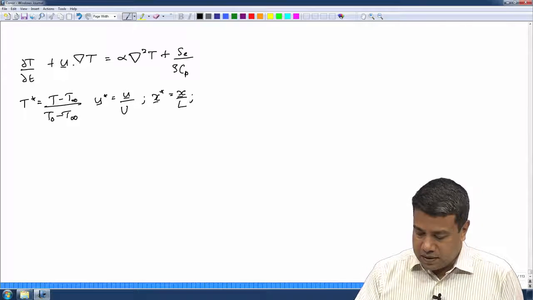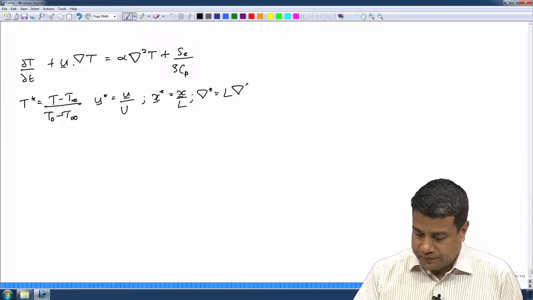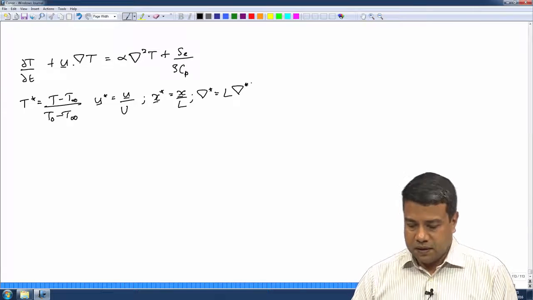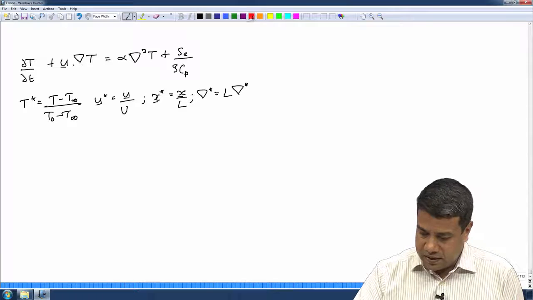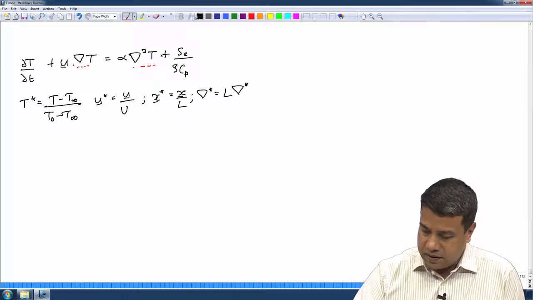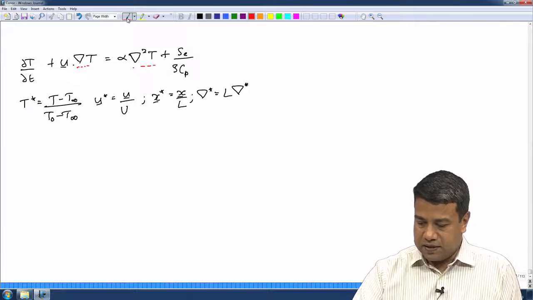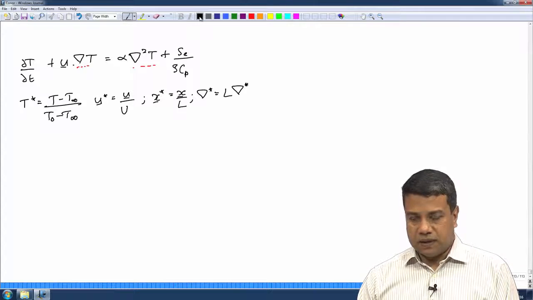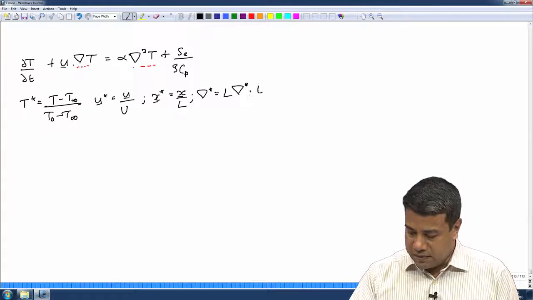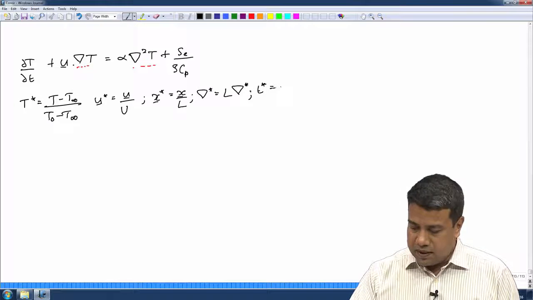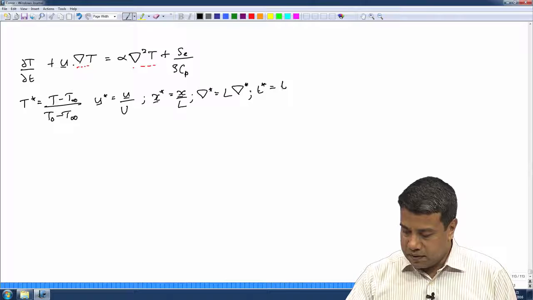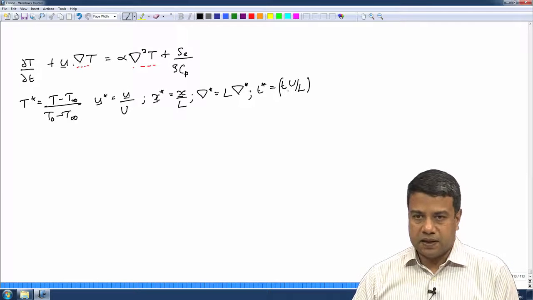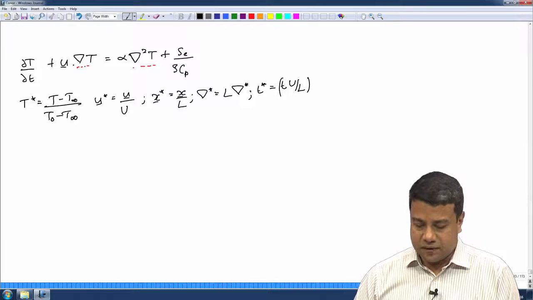And consequently, the gradients all got scaled. Here this first one is the gradient of the temperature, the second one is the Laplacian, and I had explained to you what those things mean. And if you do that, you also have to scale time. The only time scale that is available to you is L by u, either L by u or L squared by alpha. In this case, we will scale it by the convective time.